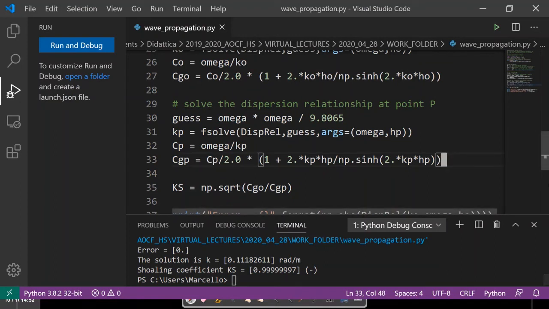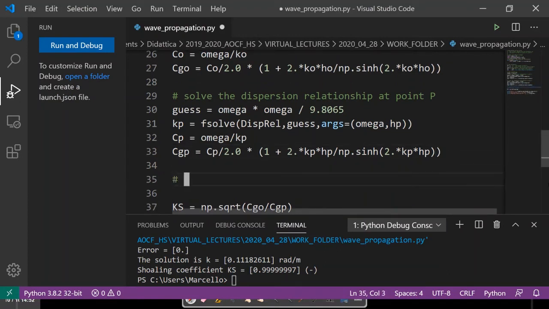So we can write here, compute the wave direction based on the Snell law.